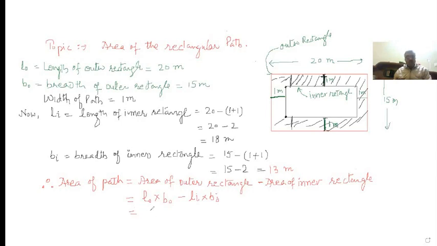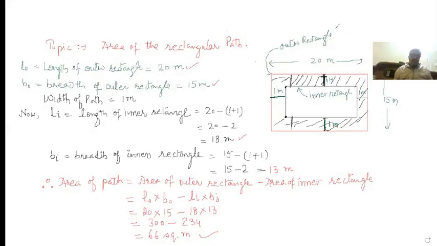LO means the length of the outer rectangle, which is 20, and the breadth of the outer rectangle is 15, minus the length of the inner rectangle, which is 18, and the breadth of the inner rectangle is 13. 20 times 15 is 300, and 18 times 13 is 234. Subtract: 300 minus 234 is 66 square meter, which is the area of the path.